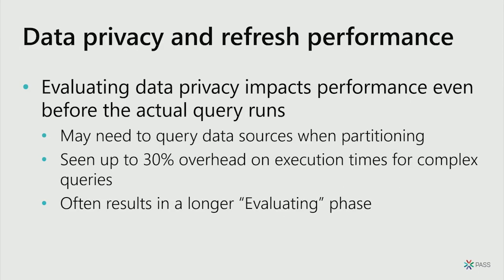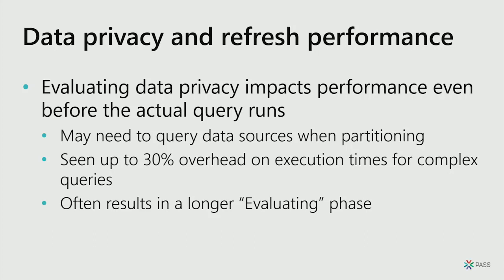Moving on, another interesting topic with data privacy is its impact on overall performance. Something that I've noticed quite often over the years is that even when you've got queries that run absolutely fine, even when query folding is happening absolutely fine, the fact that the Power Query engine has to do all of this partitioning and work out where data is going from one place to another and apply these data privacy checks means that there is a performance overhead simply from doing the data privacy checks.